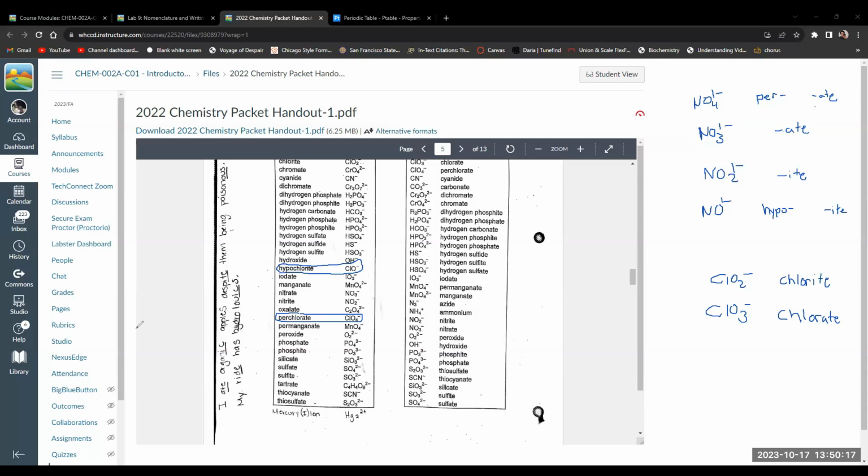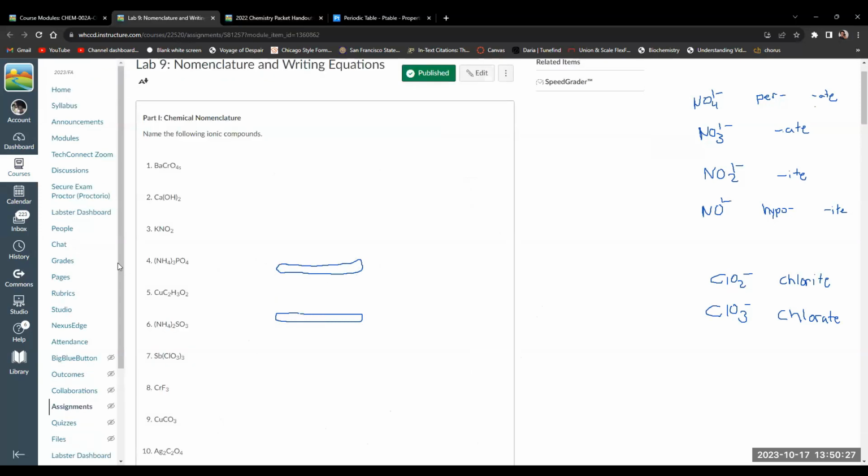So knowing this in mind, let's try to name one that's in a compound. So let's look at this first one, BaCrO4. I think that S is a typo.